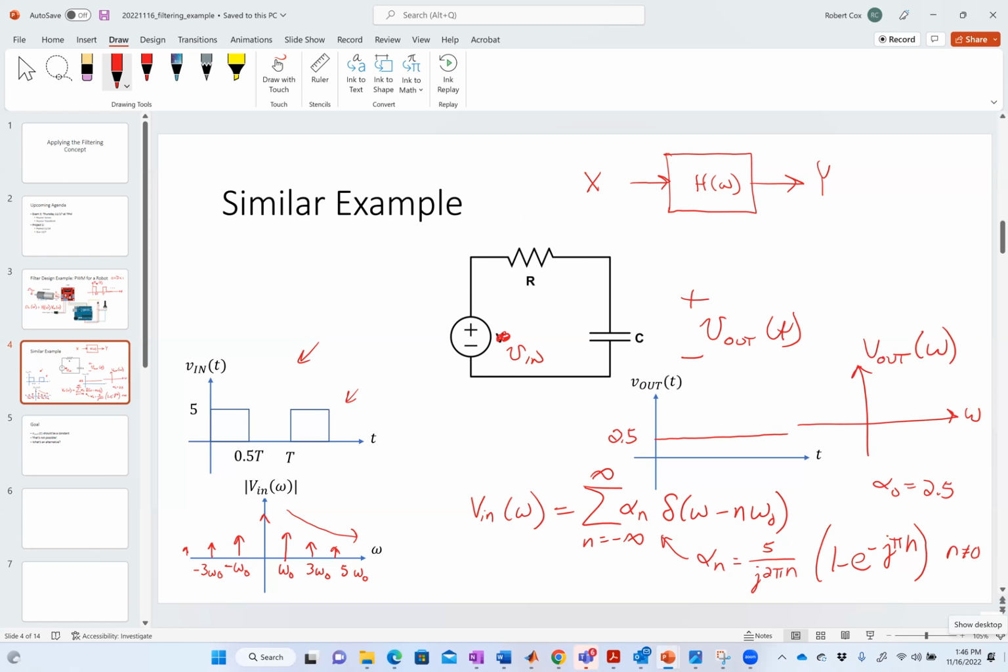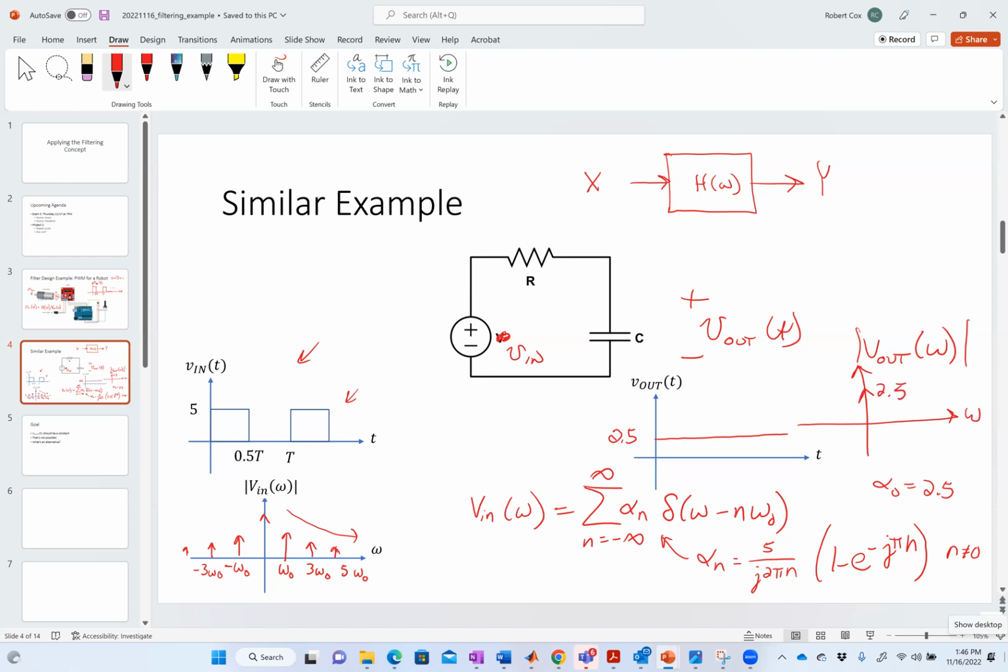So what is it in the omega domain? 2.5 where? V out of t is a constant, right? For all time, it's the same value. So 2.5 located where? Omega equal to 0.